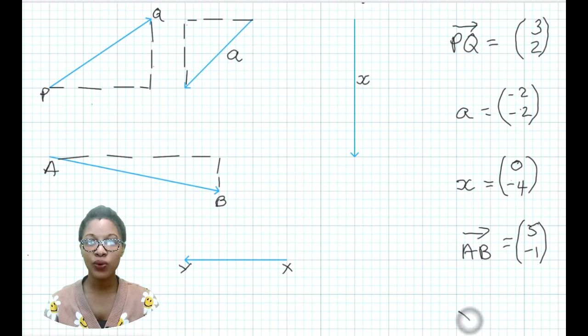XY, we go 3 big blocks to the left and we don't go up or down. So XY is equal to (-3, 0).